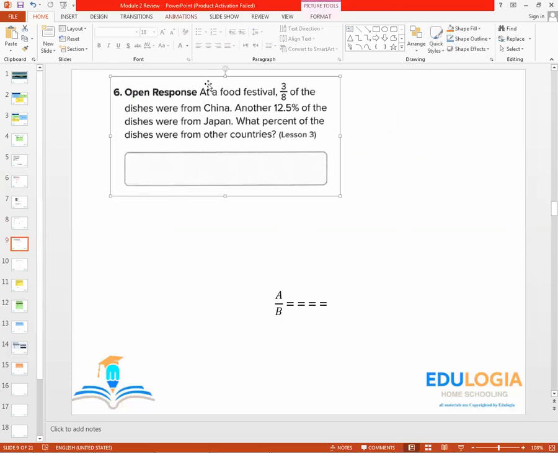Once again, at a food festival, 3 over 8 of the dishes were from China. Another 12.5% of the dishes were from Japan. What percent of the dishes were from other countries?